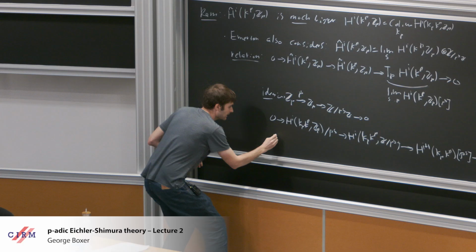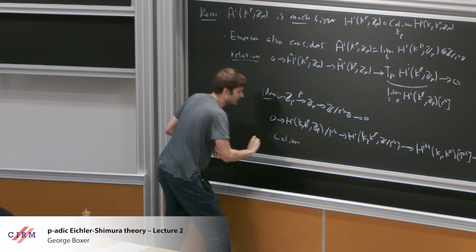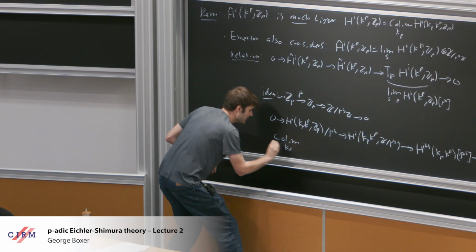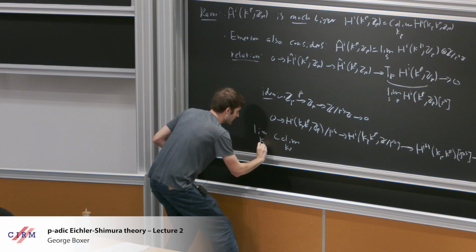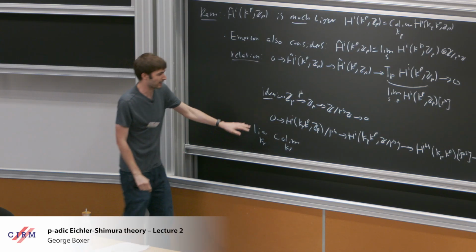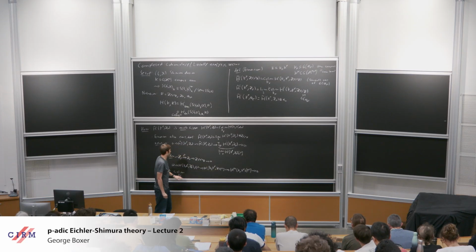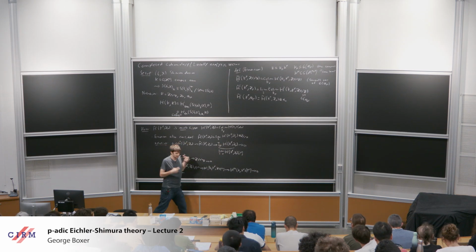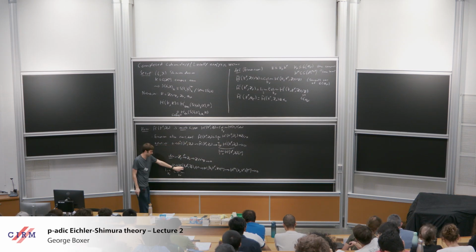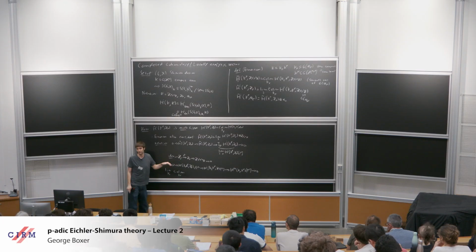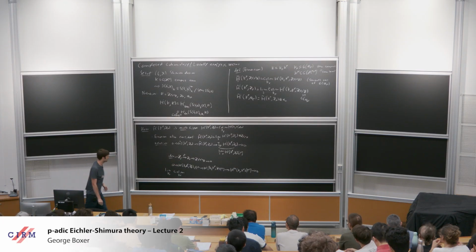Now you take this and you take a colimit over K_p and a limit over K_p. You check that the three things that you get are exactly these three things. You also have to justify that this stays exact, but every map in this sequence is surjective, so there's no R^1 lim.